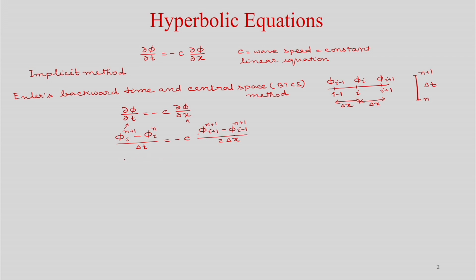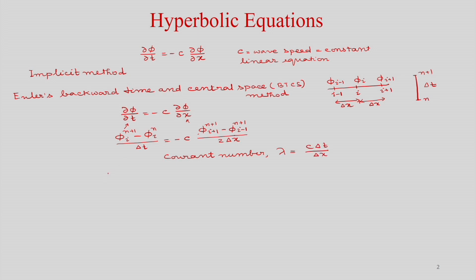If you rearrange it, all the phi I plus 1 at time level n plus 1 you take to the left hand side, and define the Courant number as lambda is equal to c delta t by delta x.